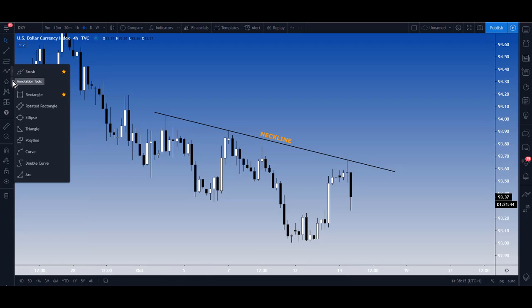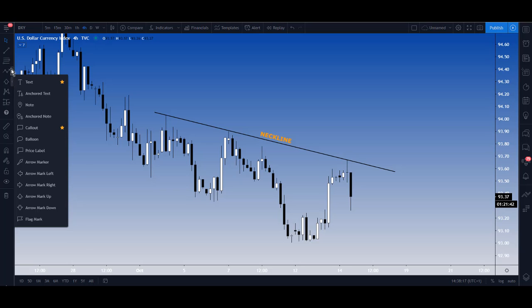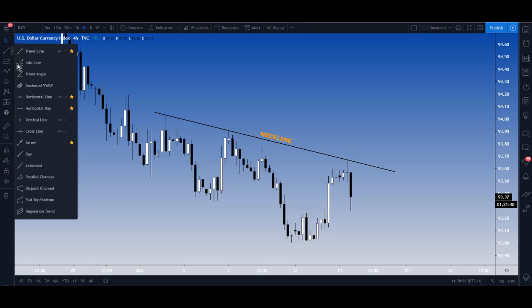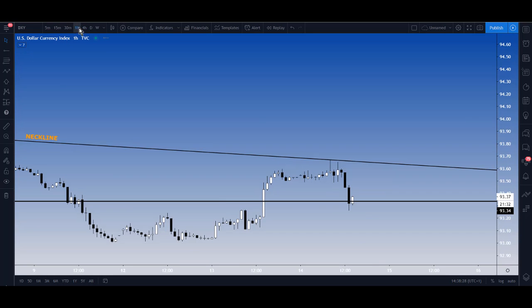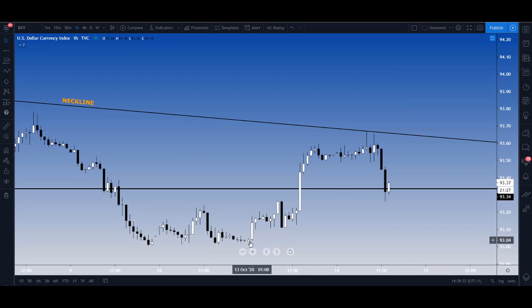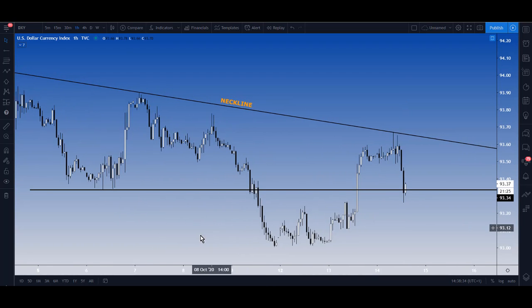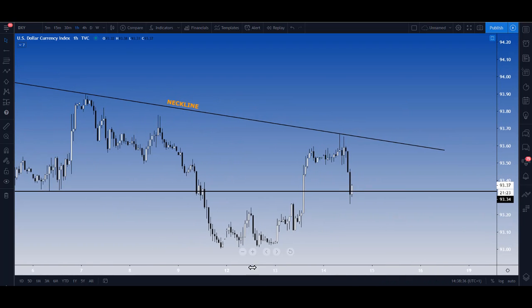If we draw, let me look for my horizontal line tool, horizontal ray I should say, look at this low here. We've come into there, look, quite sharply, but we're getting a rejection at the moment. So this is not confirmed yet, but this could be a right shoulder forming.